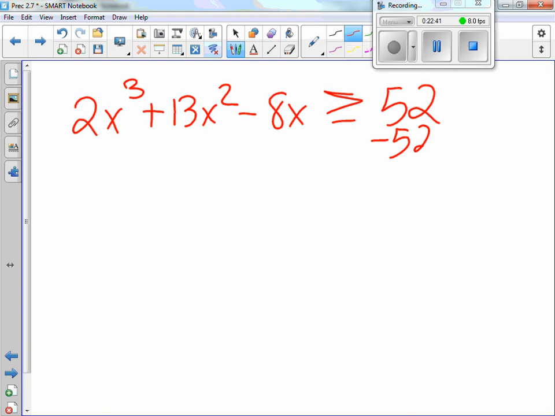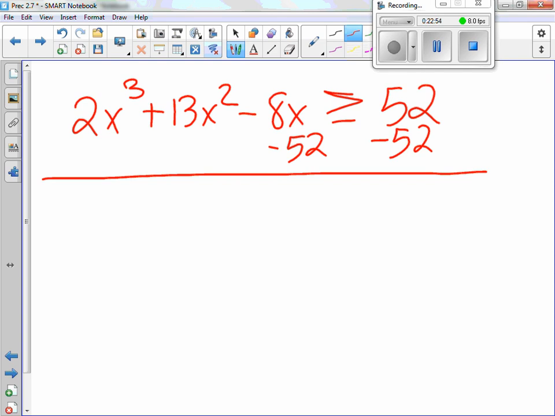Now the question that normally arises, the first time you come across these, is: would doing this change the function? It's taking all those terms with x and moving them all down 52.